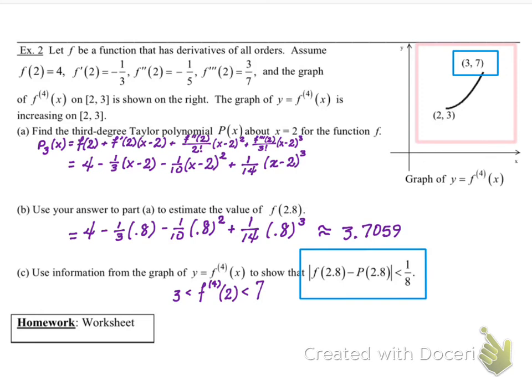So the absolute value of your remainder is less than 7 times (2.8 minus 2) all to the fourth, divided by 4 factorial.